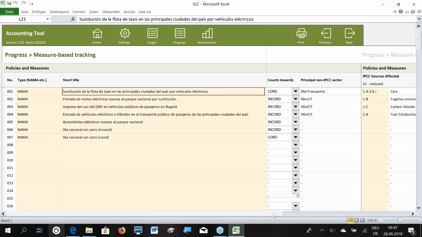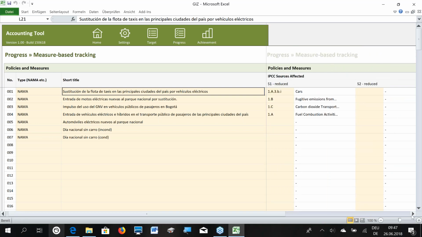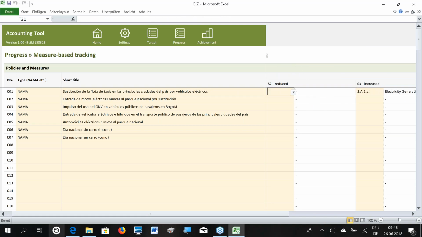For example, if you switch from conventional fossil fuel vehicles to electric vehicles, you would reduce emissions in the combustion of fossil fuels, but you would increase emissions in terms of electricity generation, and so you would already affect emissions of two different sectors.